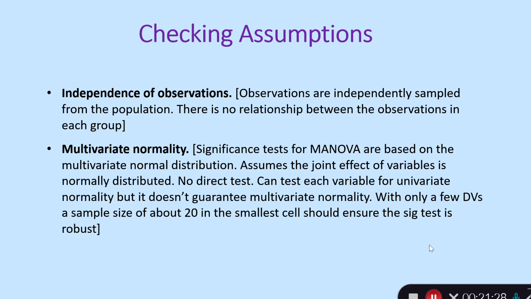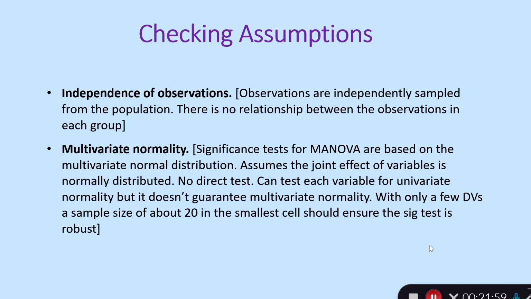Firstly, independence of observations. This is the assumption that observations are independently sampled from the population, and there's no relationship between the observations in each group. So it's not the case that the observations come from the same individuals in different groups, or that we've got a cluster of observations that result from some particular function of the population.